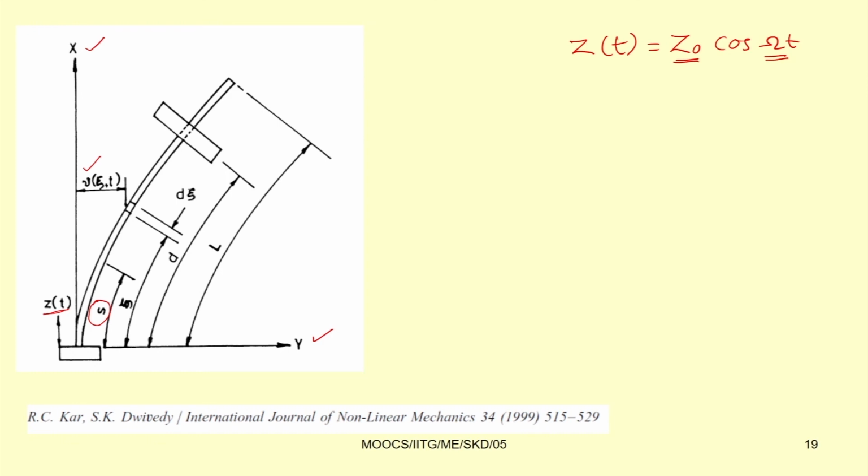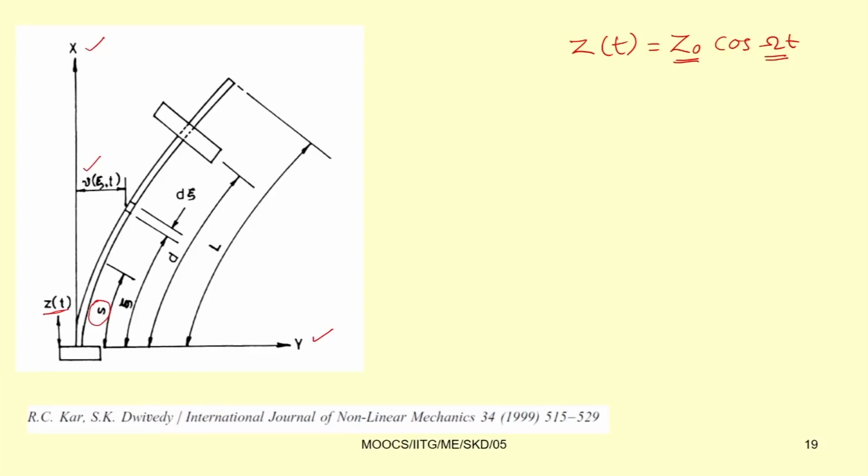So, what are the forces acting? As we are considering this as a slender beam, let rho be the mass per unit length of the beam. As we have taken at a distance zeta a small element d zeta, the mass of this element will be rho into d zeta.